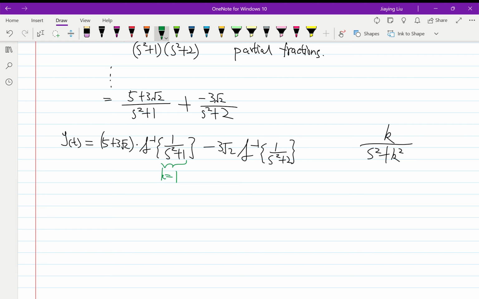That's good. The second one looks like we're going to have to choose k to be square root of 2 because we have s squared plus 2. Right? So k squared is 2, k is square root of 2. But the problem is that the numerator doesn't quite match that. The denominator looks good, but the numerator needs a square root of 2 there.